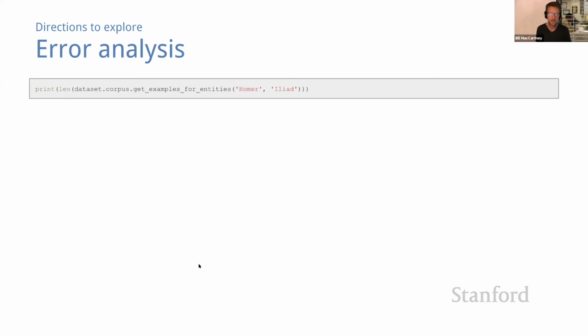Let me show you one more example that has a bit of a different flavor. Let's look at what's going on with Homer and the Iliad. I wrote a little bit of code to investigate this one too. I'm not going to show the whole investigation, but I'm just going to cherry pick the most informative results. So one thing that I noticed is that there are a lot of examples for Homer and Iliad.